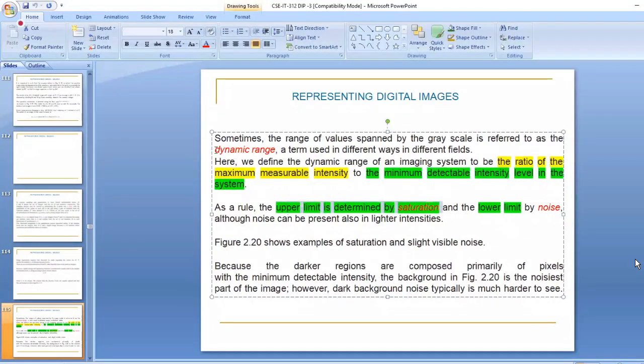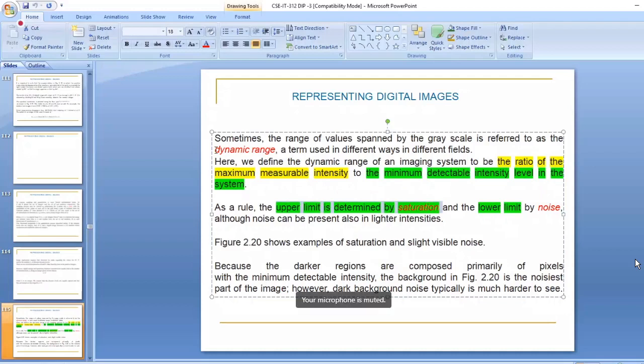So how is the maximum measurable intensity calculated? The upper one is calculated by the saturation, which I will cover, and the lower one is calculated by the noise.